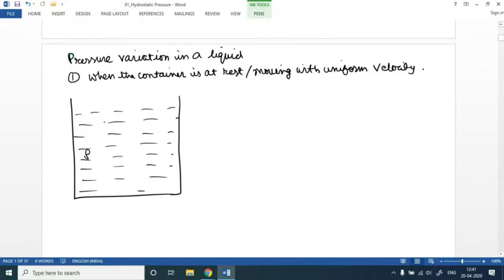First, if we have 2 points, let's say point 1 and point 2 at the same horizontal level, where we are assuming that the gravitational acceleration g is vertically downward. If we have 2 points at the same horizontal level, whatever may be the distance between them, we can very safely say that P1 will be equal to P2, or the pressure difference P2 minus P1 is going to be equal to 0.